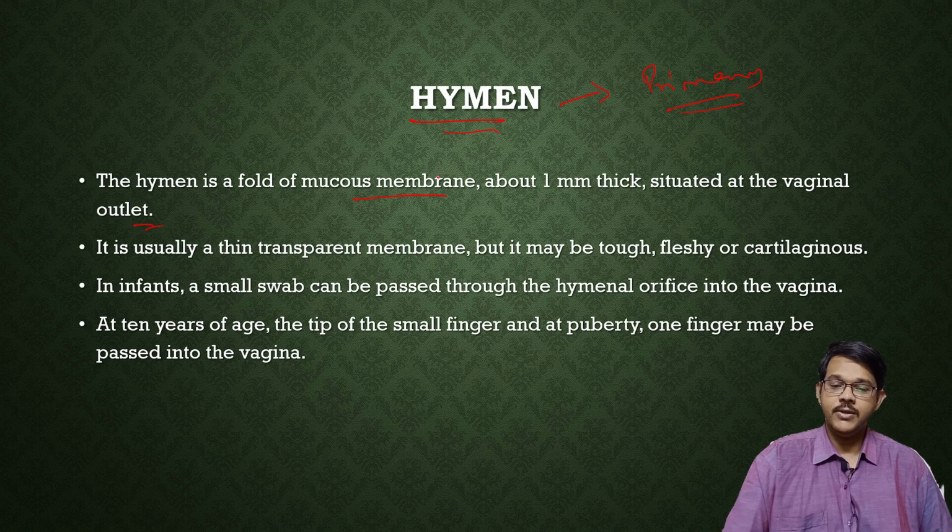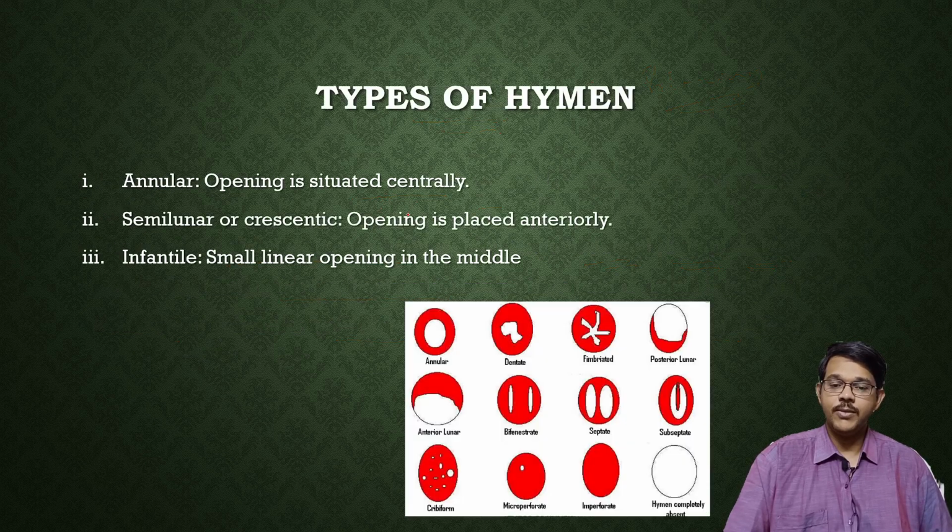It is usually a thin transparent membrane, but it may be tough, fleshy and cartilaginous. In an infant, a small swab can be passed through the hymen into the vagina. At 10 years of age, the tip of the small finger can be passed, and at puberty one finger may be passed into the vagina. The hymen is intact in virgins, and it may become obliterated in a deflorated woman.